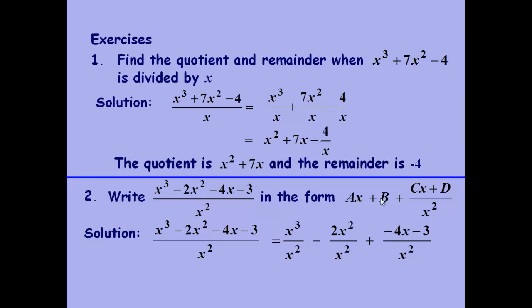Again, we can split this up in this way here. We end up with x there, 2 here, and then this remains here with minus 4x minus 3 as the remainder.